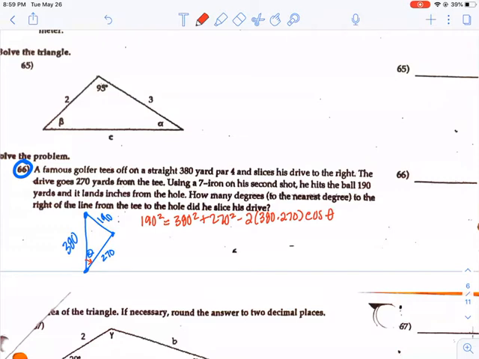I don't have my calculator here, but as we work that out, you're going to get cosine theta by itself equal to 0.8830, and then remember that's cosine of theta, not theta, so then you have to do inverse cosine. Inverse cosine of 0.8830 is 27.99 degrees.